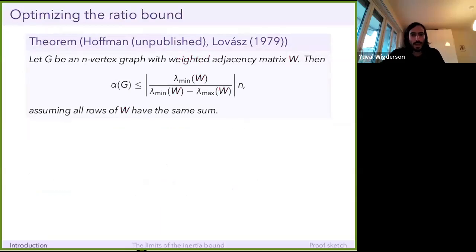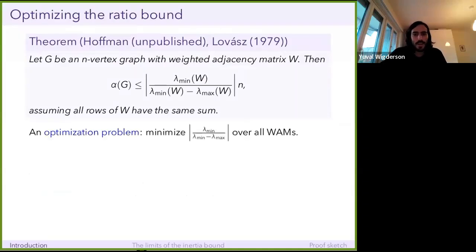Okay, so again, as I was saying, we have this weighted ratio bound. And given this, you can view it as an optimization problem. If you have a graph and you want to get the strongest possible bound on its independence number, then you have this optimization problem on the space of all weighted adjacency matrices to minimize this quantity, which is the type of general question I was talking about earlier.